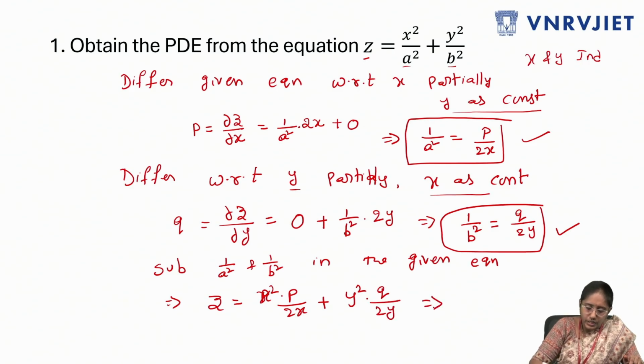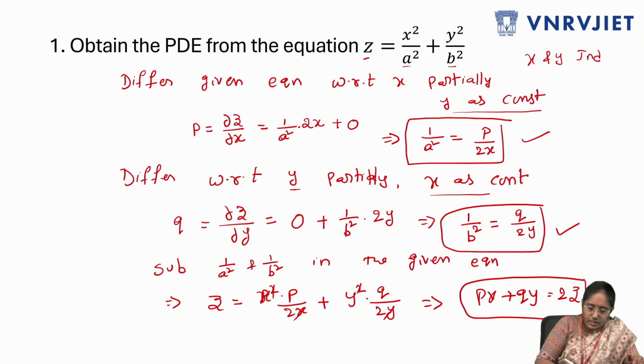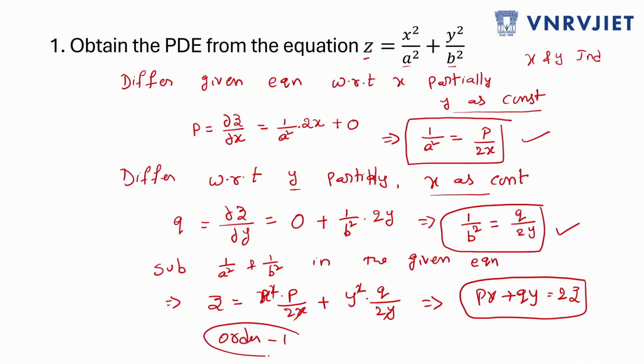Simplifying, you will get px plus qy equals 2z. Here we observe that this differential equation is of order 1. As we discussed in the last slide, when the given relation has 2 arbitrary constants, we obtain the partial differential equation of order 1.